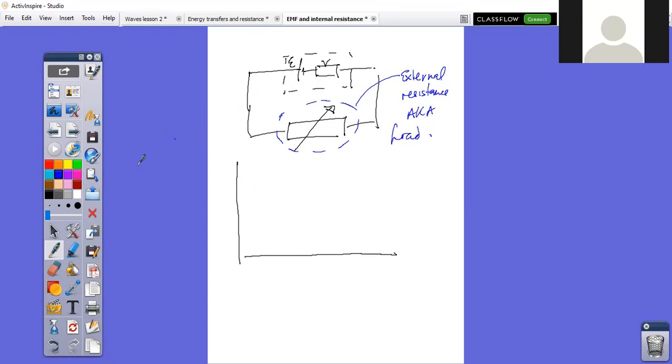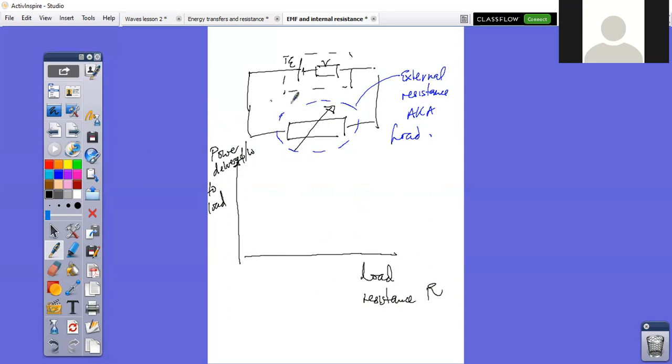Okay, so if I wanted to look at or plot a graph of the power delivered in watts, to the external load, power delivered to load, against load resistance R, that's my load.